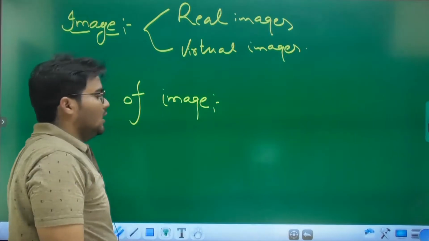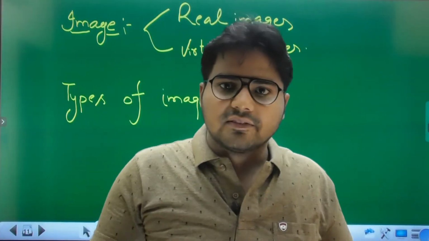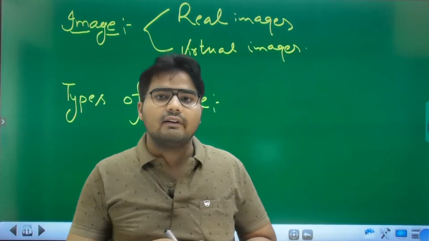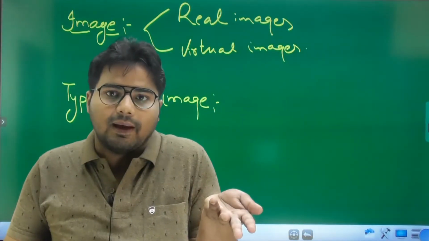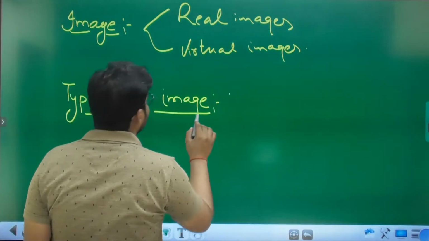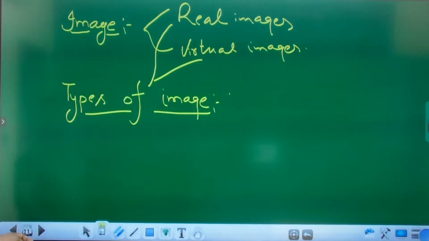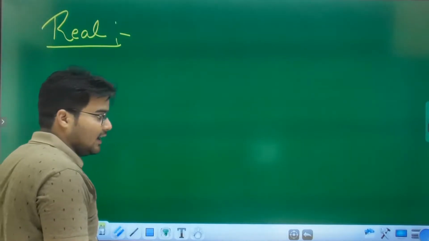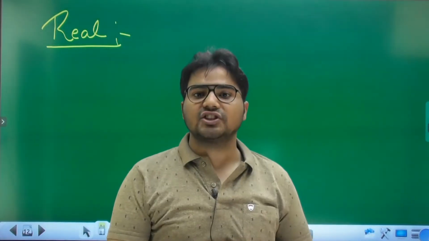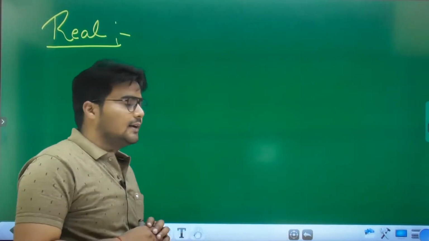Clear? So what is an image? An image is formed only by the reflecting back of light. Clear? So we just read that there are two types of image. First one is real and second one is virtual. So what is a real image? A real image is always formed by the actual intersection or actual meeting of the reflected rays.